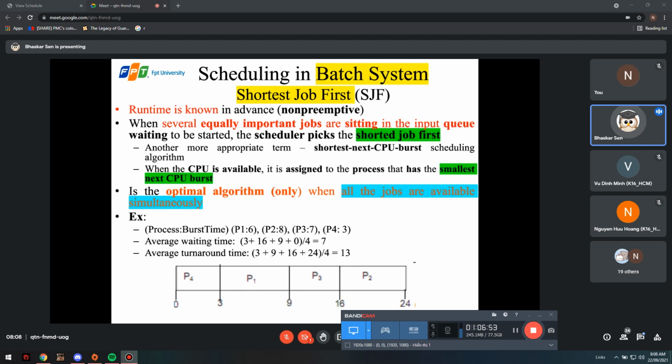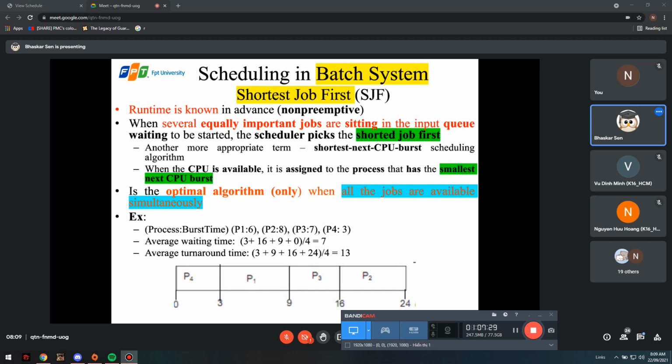But if you look at the calculations, be careful when they calculate the average turnaround time, because there could be a little bit of confusion. 24 is the turnaround time for P2, so they shouldn't have placed it at the end. I know why they placed it at the end, because P2 finishes last, but they should have followed a certain order.